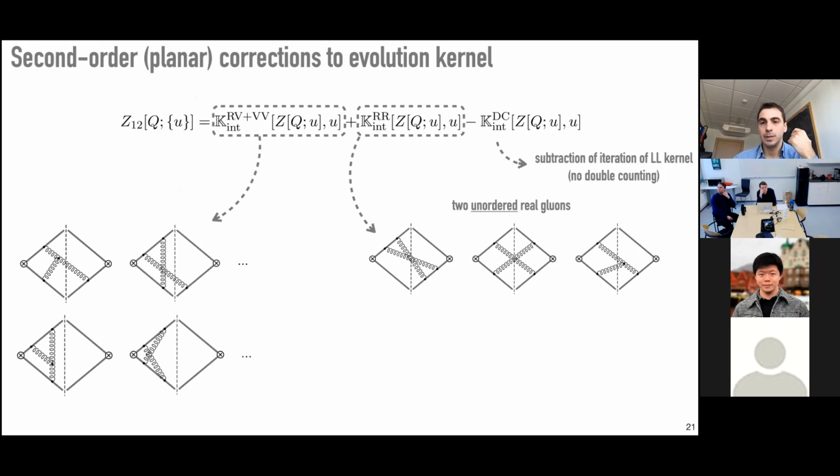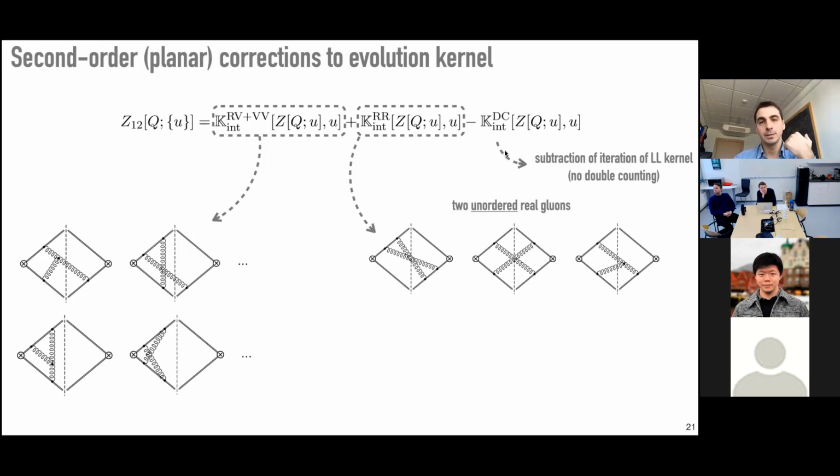And eventually, we also subtract the iteration of the leading log kernel, so the BMS kernel, in order to iterate this equation correctly at all perturbative orders.